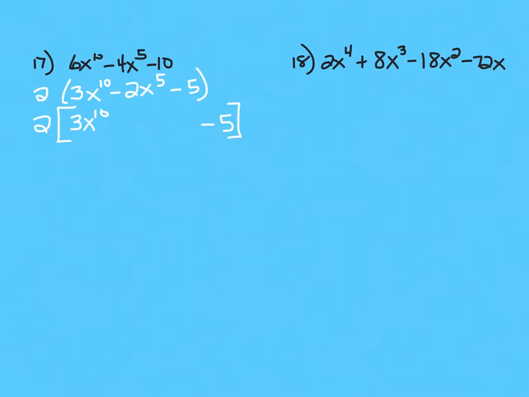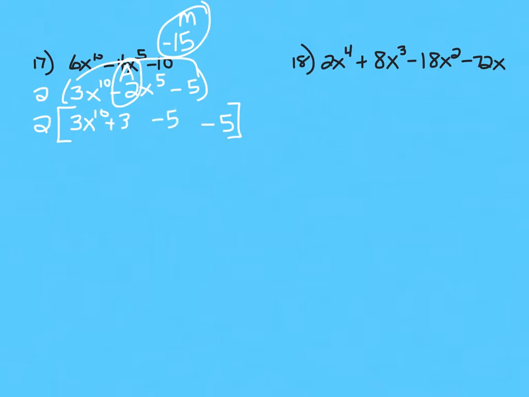Okay, so from here, we're going to find our rainbow number, which we multiply the 3 and the negative 5, which gives us negative 15. So we need to come up with two numbers that multiply to negative 15 and add to negative 2. So negative 5, positive 3. I'm going to actually just put the positive 3 first, and the negative 5 second.